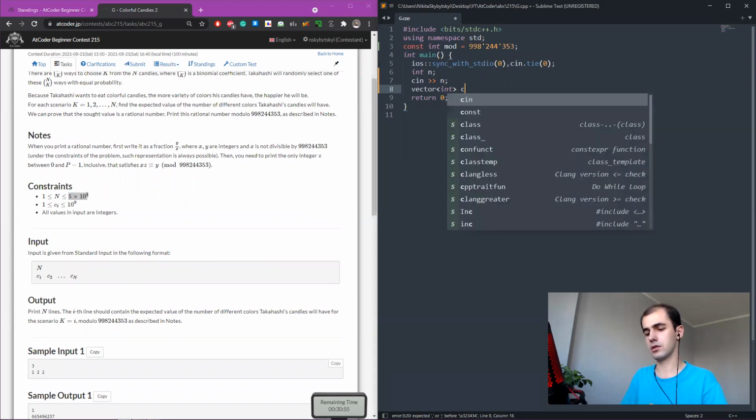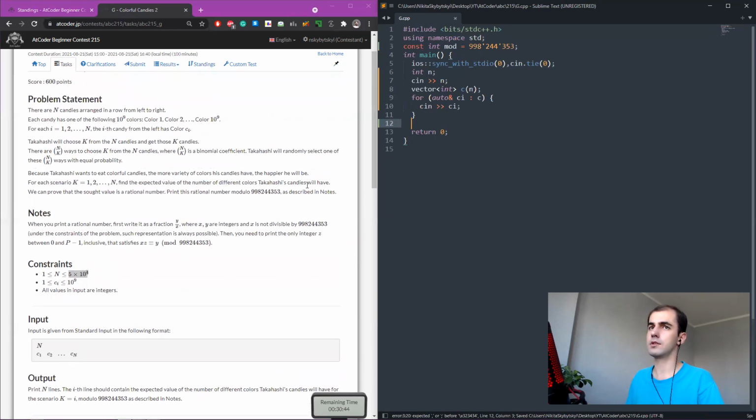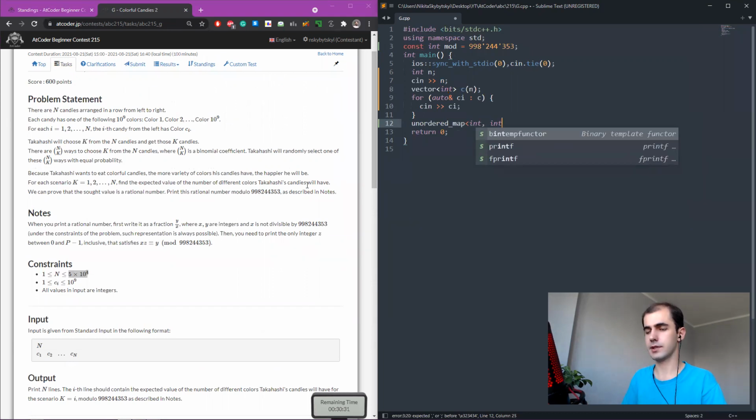Okay. Obviously, we don't care about specific colors, so I guess in order to map from int to int there will be a frequency table for it.